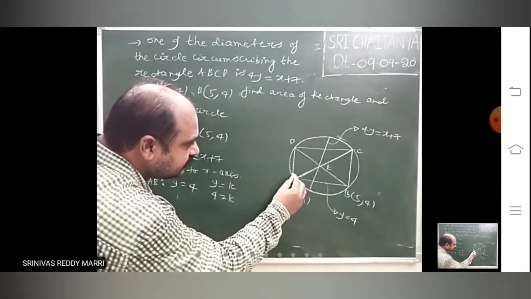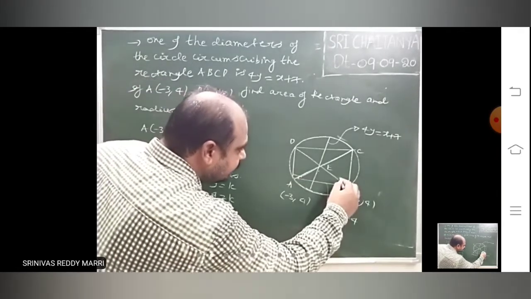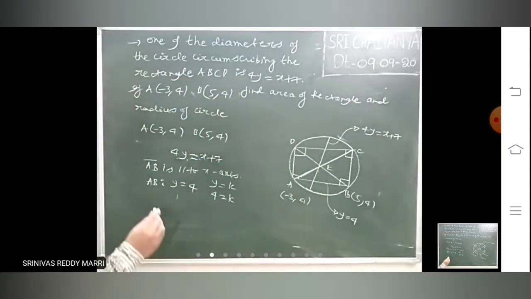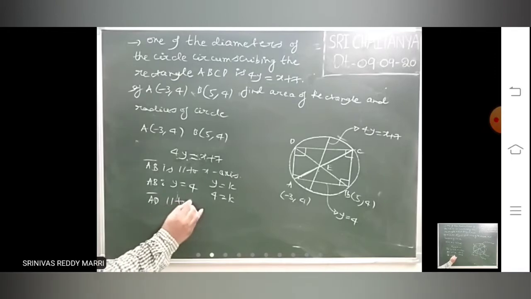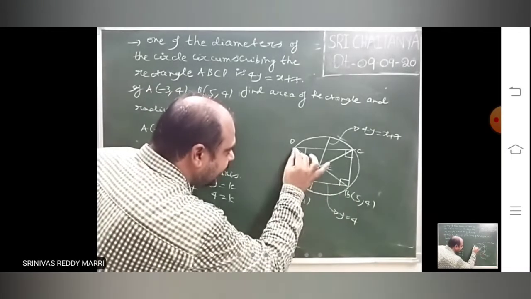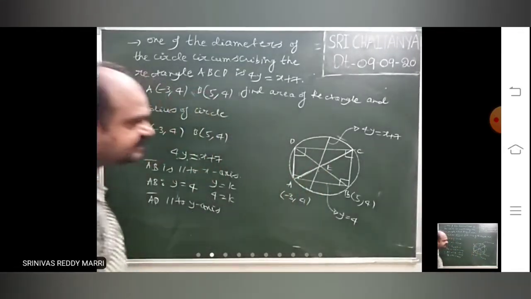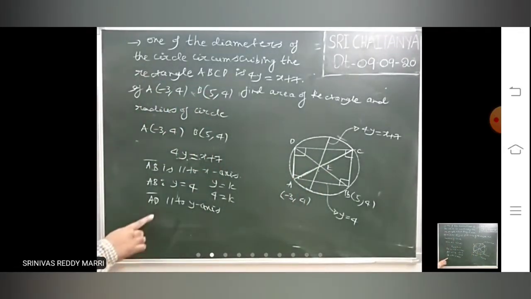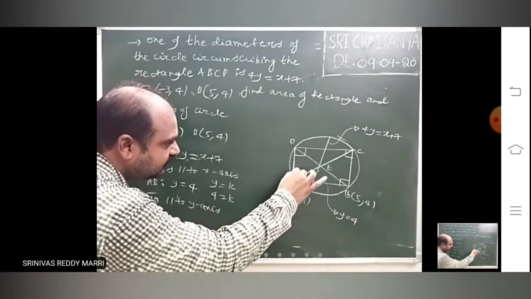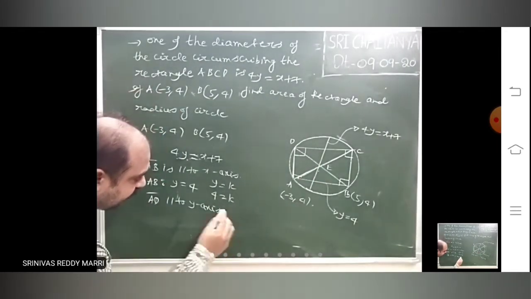Now look at this: all the angles in a rectangle are 90 degrees. So AD will be parallel to the y-axis, because AB is a horizontal line and AD is perpendicular to it, so it will be a vertical line. It is parallel to the y-axis and passing through this point.